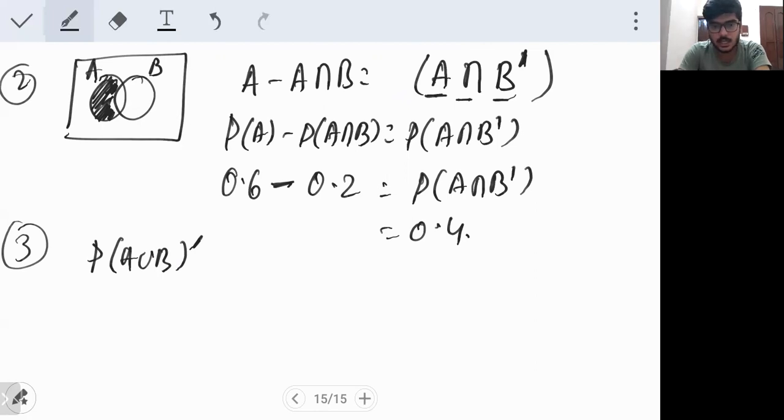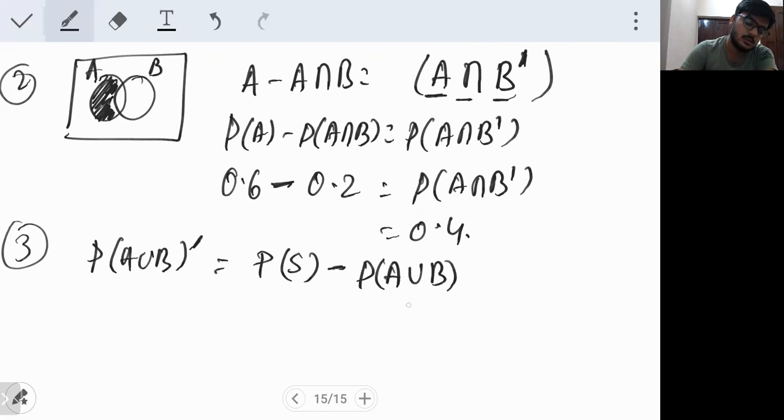Since we have not studied how to solve the probability of A union B complement, how to solve this question? For this, we need to define this set. And the set will be very simple. What will be the set? The probability of sample space minus the probability of A union B, right?